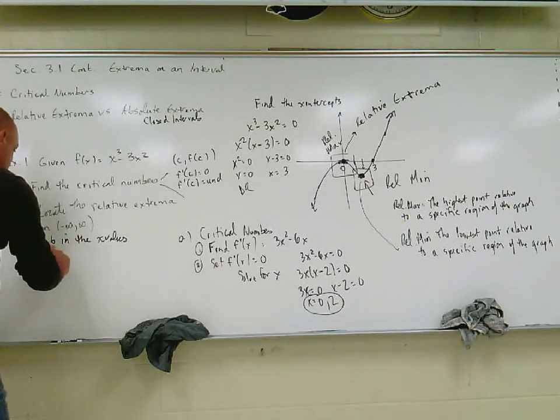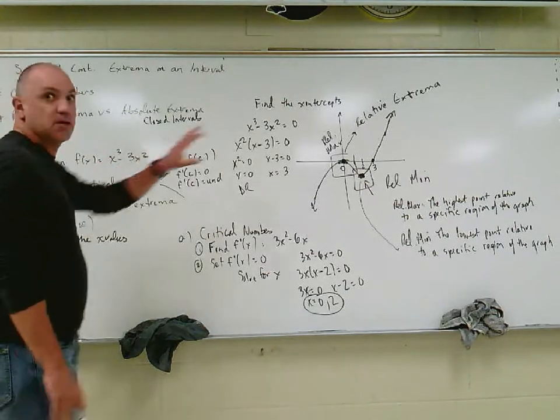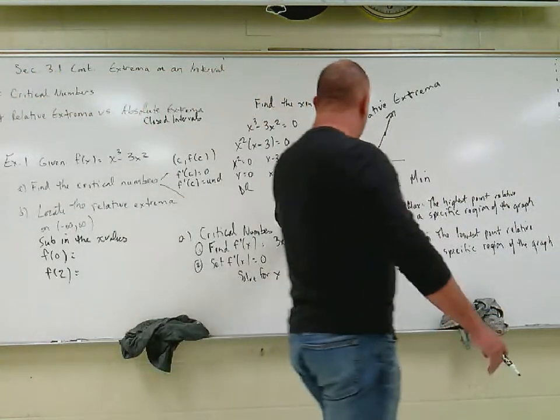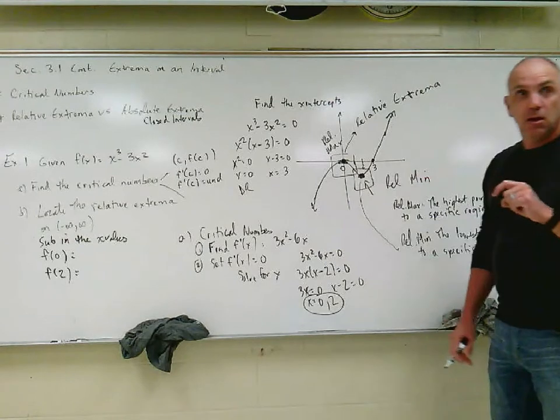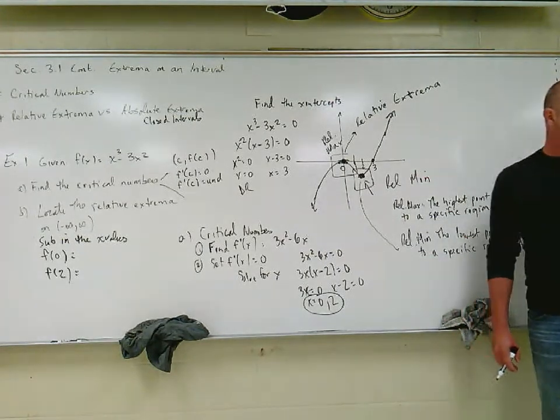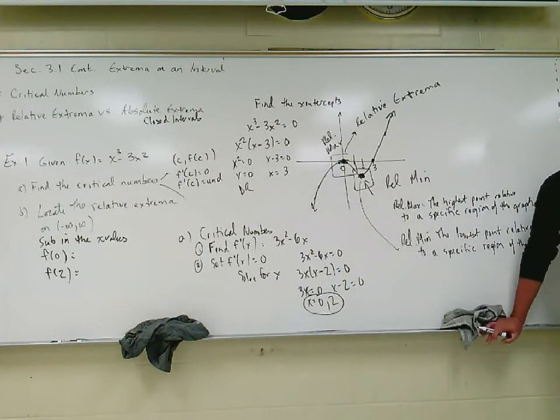So I'm going to do f of 0 and f of 2 and see what I get. Now I needed the picture to help me to see that these were maxes and mins, because just because the derivative is 0 doesn't mean it's a peak or a valley. And that's in section 3 where we'll investigate more on how we know. But I needed the picture to help me a little bit.